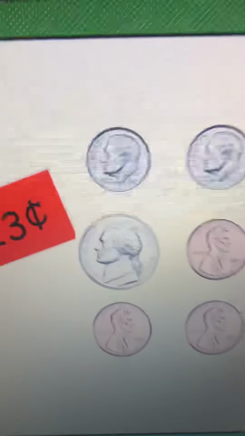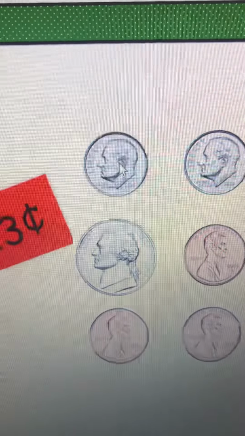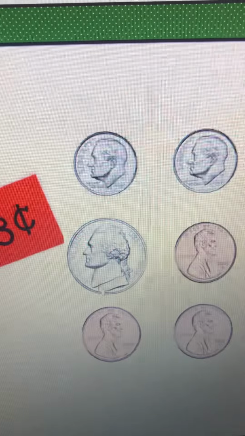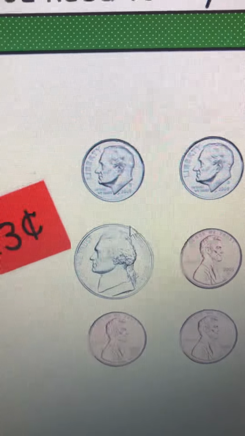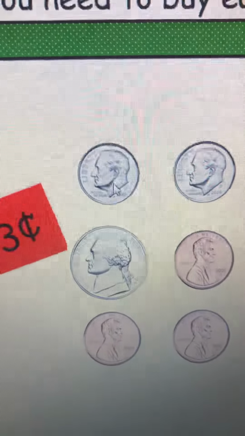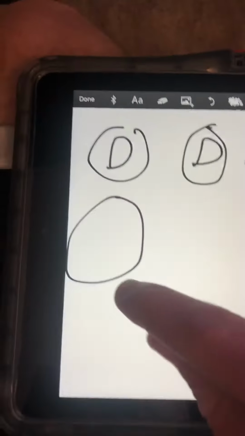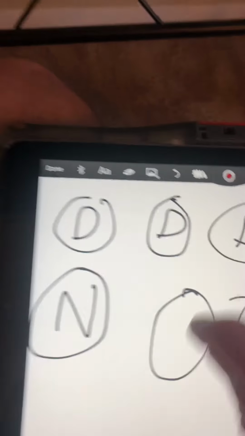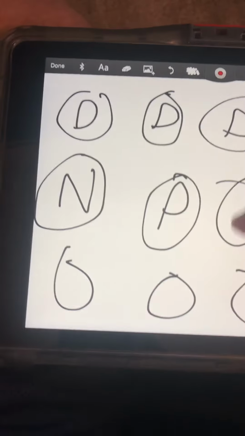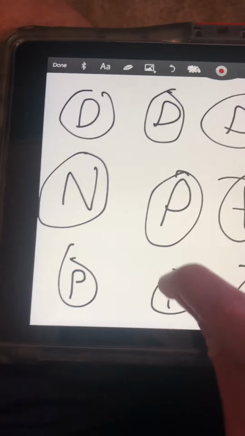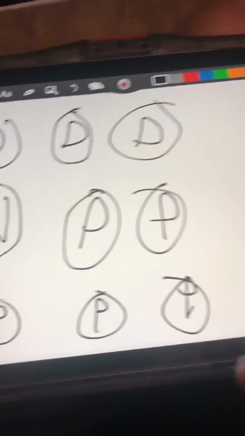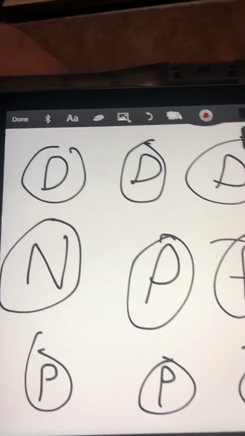Remember, I can remember the difference because the dime is a lot smaller than the nickel. Even though they're kind of the same color, the dime is the small one. A nickel, and then we have 5 pennies. Once again, trying to get to 23 cents.